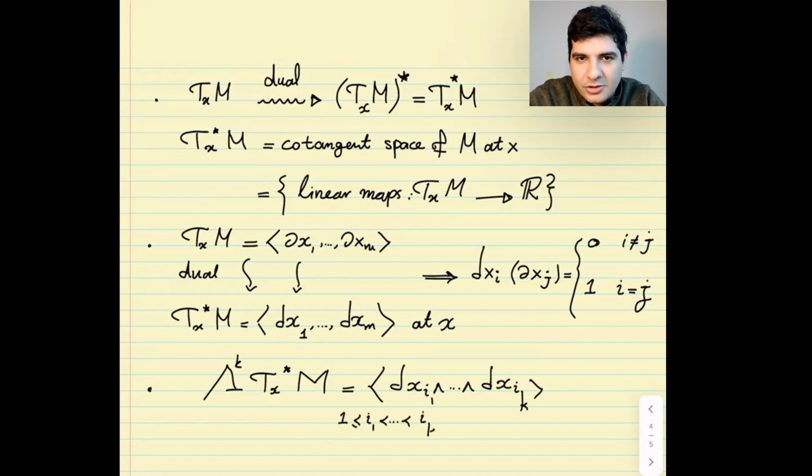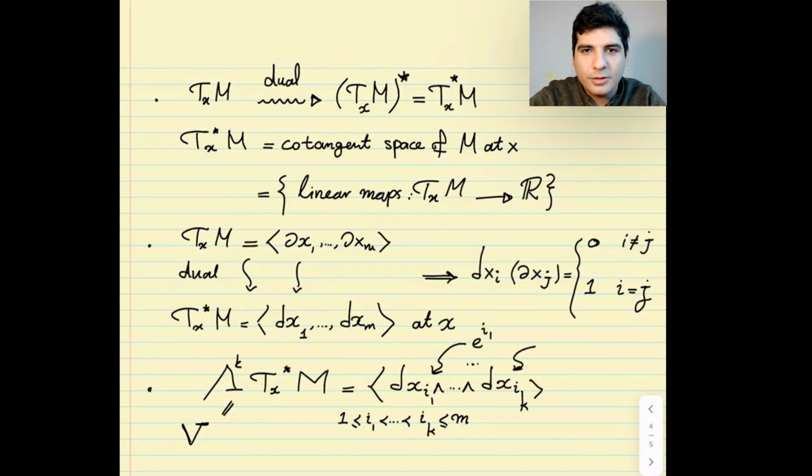Right? This is just the way we defined a basis for lambda k V star. So here T star of M at x plays the role of V star, and dxi1 is like ei1 up to eik. So we are just doing what we did earlier for any vector space V, but now for the tangent space of M at x.